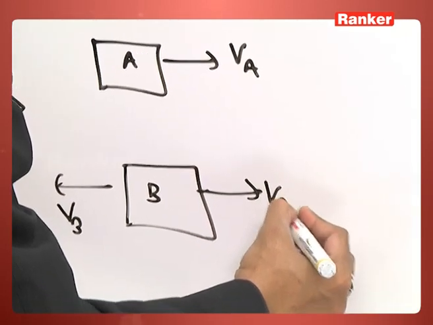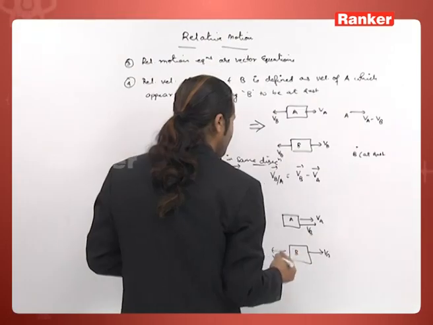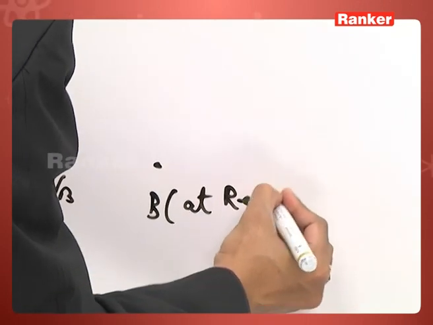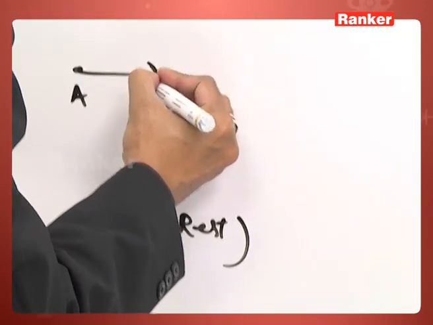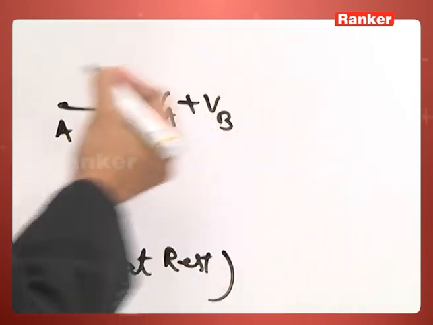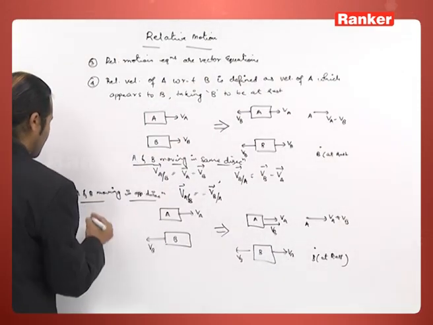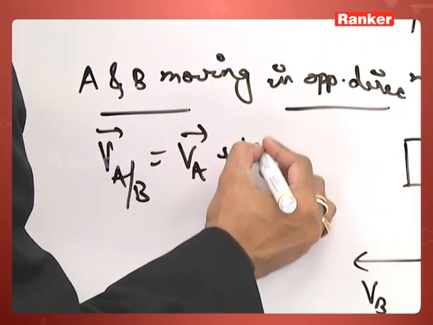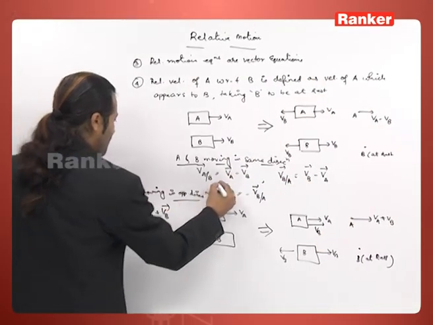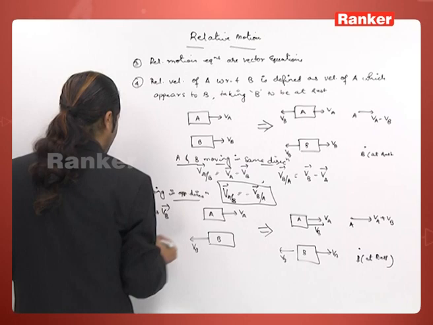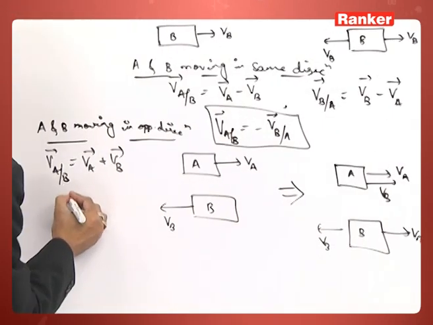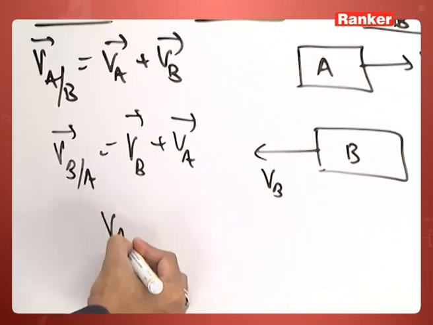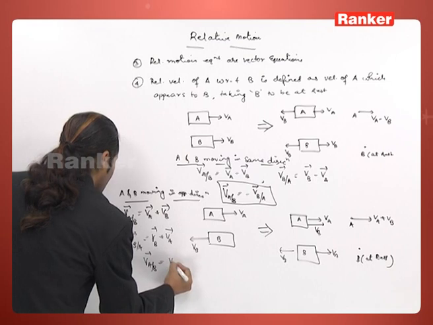Here it will be VB, here it will be VB. So here B is at rest, and A is moving with the speed VA plus VB. So VA with respect to B is VA plus VB. Similarly, VB with respect to A will be VB plus VA. When the bodies are moving in the same direction, I can write it in this way.